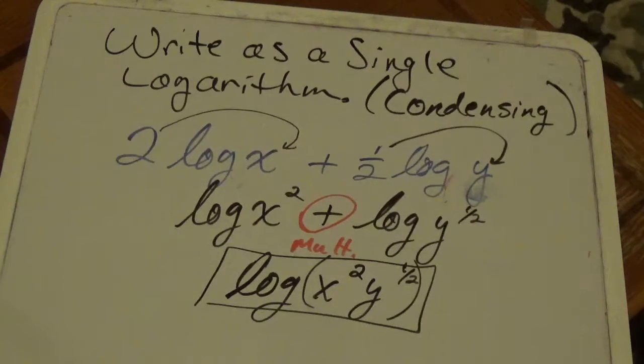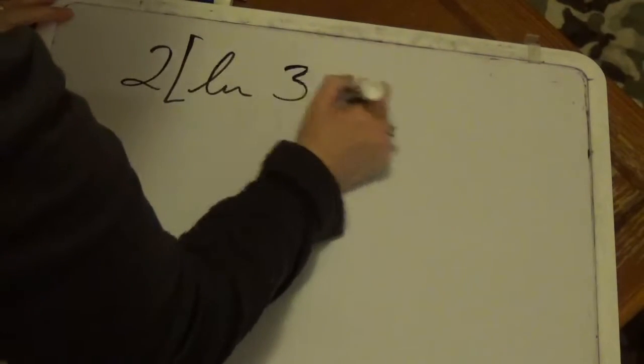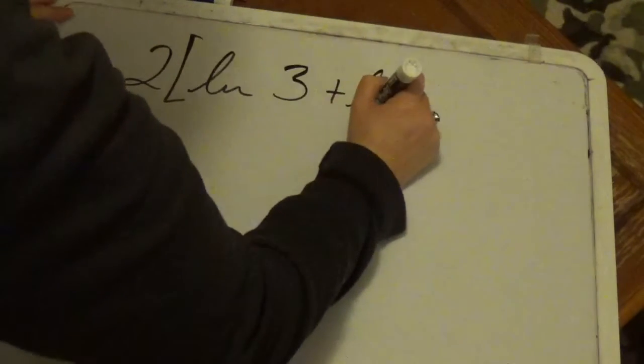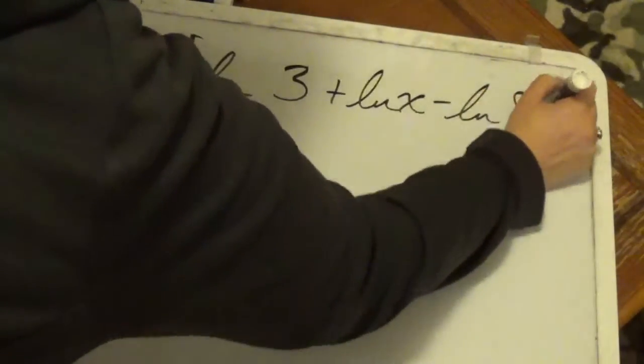Okay. Let's do one more. And we're also writing this one as a single logarithm. So we'll do 2, grouping symbol, natural log of 3 plus natural log of x minus natural log of 8.